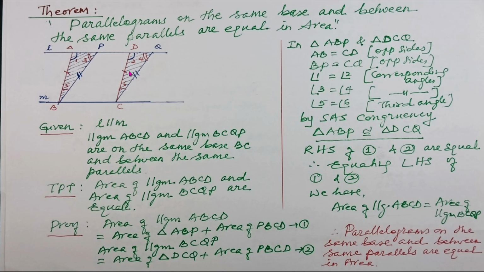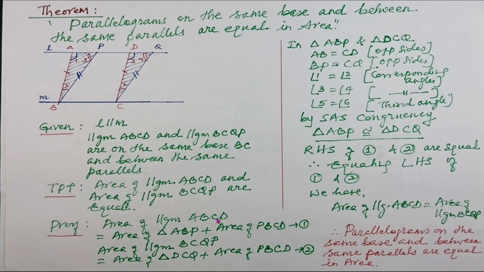Because these two triangles are congruent, we find that the RHS of 1 and 2 are equal, because area of triangle ABP is equal to area of triangle DCQ, and area of PBCD is the same in both. Therefore, area of triangle ABP plus area of PBCD is equal to area of triangle DCQ plus area of PBCD.